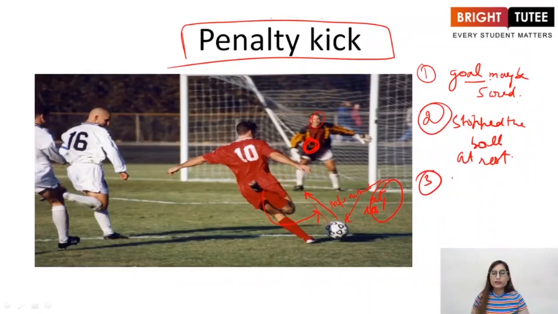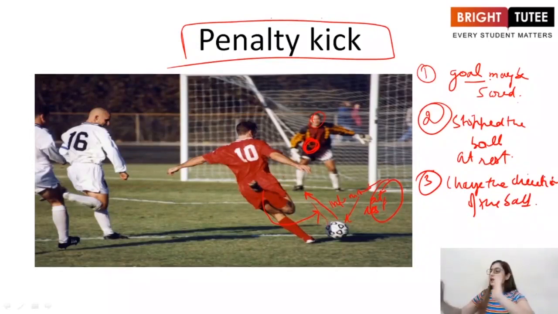He may change the direction of the coming ball. For example, the ball is coming this way and I deflected it this way. I have protected my goal, but the ball's state of motion has changed, right? I have changed the direction of the ball. So these are some scenarios that may take place during a penalty kick.